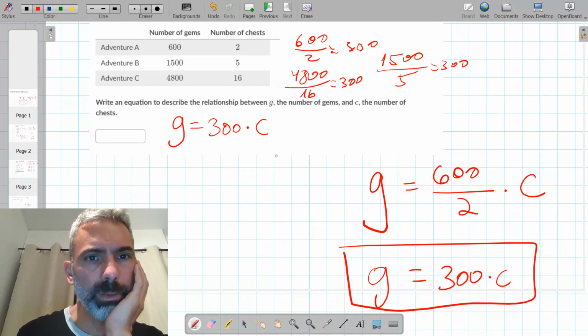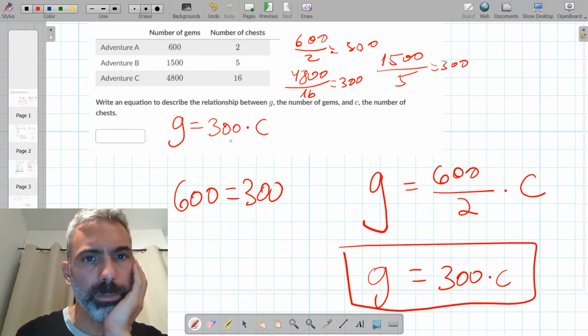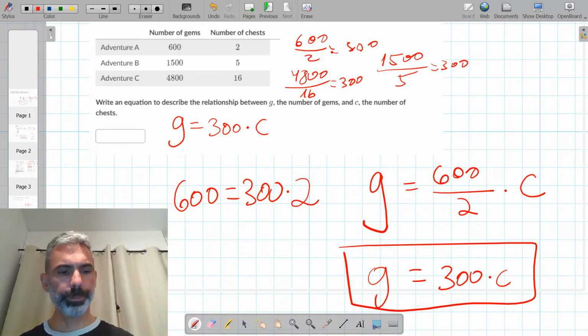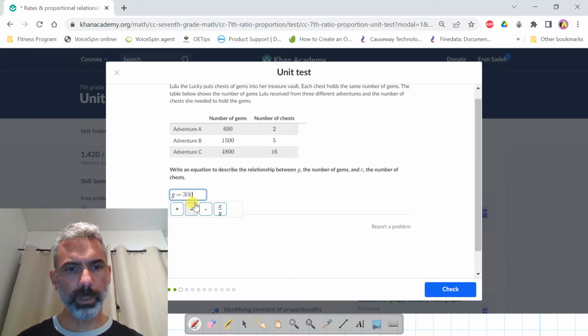So if I plug in, for instance, the first pair, 600 equals 300, which is the constant of proportionality, times 2. So it's good. So G equals 300 times C.